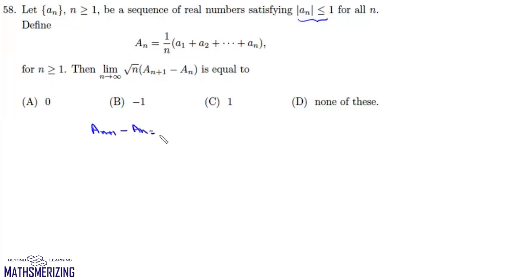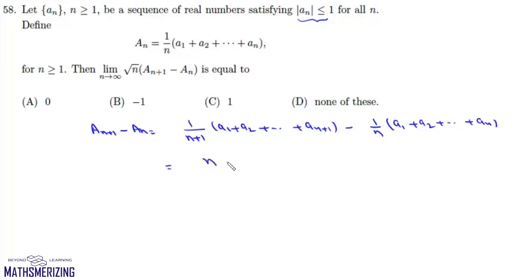it will be simply 1 upon (n plus 1) times (a1 plus a2 plus up to a(n plus 1)) minus 1 by n times (a1 plus a2 plus up to an). Now we can simplify this as (n times a(n plus 1) minus a1 minus a2 minus up to an) upon n into (n plus 1).